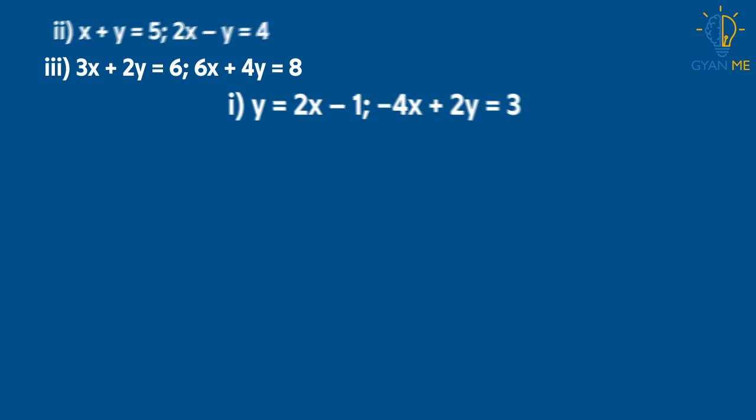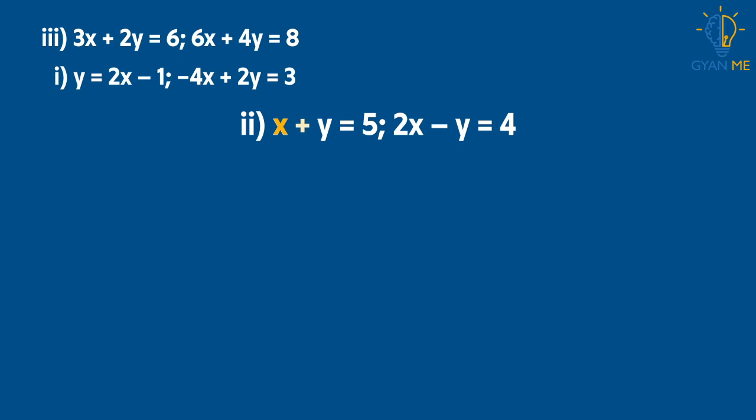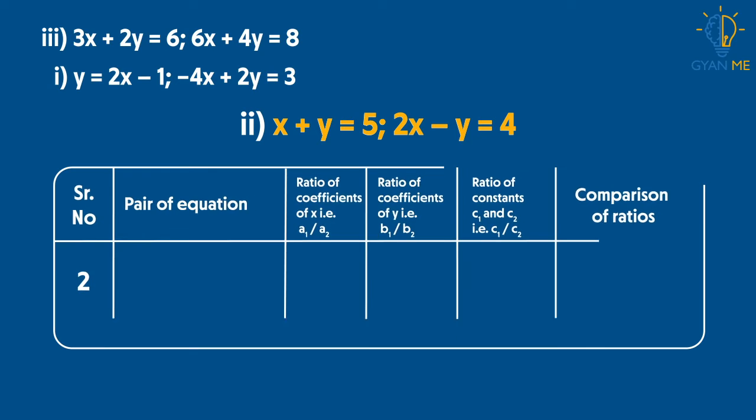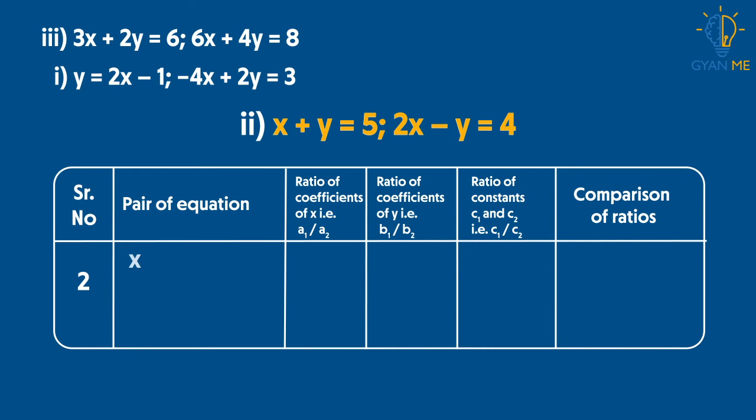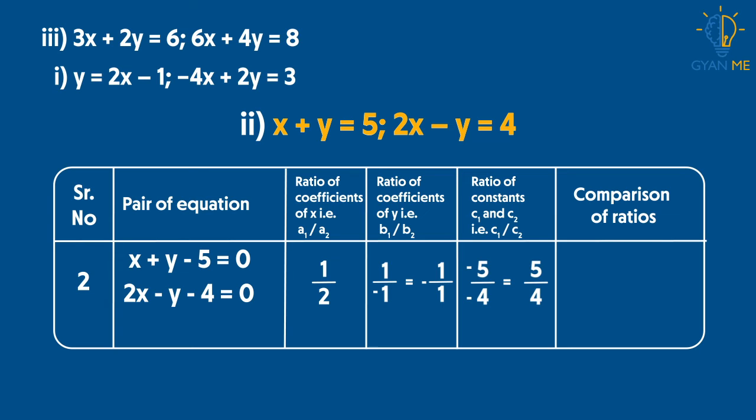Similarly, students, try the second pair of equations. x plus y is equal to 5 and 2x minus y is equal to 4. Write these equations in standard form. We get x plus y minus 5 is equal to 0 and 2x minus y minus 4 is equal to 0. Now, taking the ratios of a1 upon a2 and b1 upon b2 and c1 upon c2, we get a1 upon a2 is equal to 1 upon 2 and b1 upon b2 is equal to minus 1 upon 1, while c1 upon c2 is equal to 5 upon 4.